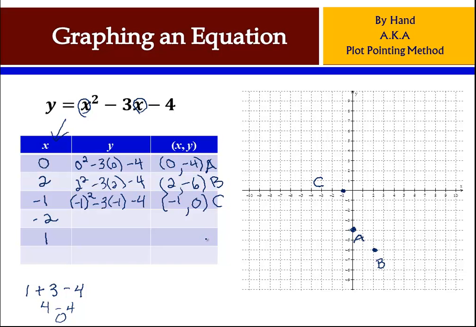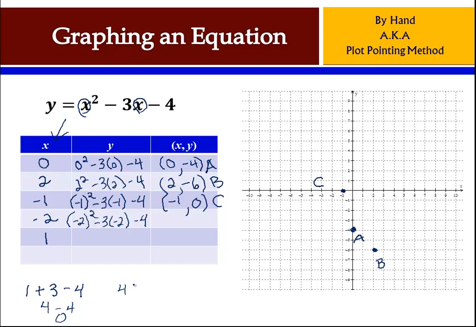Starting to get an idea of what the shape looks like, but still don't have an exact idea of what it looks like. So I'm going to continue here with the next value, -2 minus 3 times -2, subtract 4, and that's going to be -2 squared, by the way.